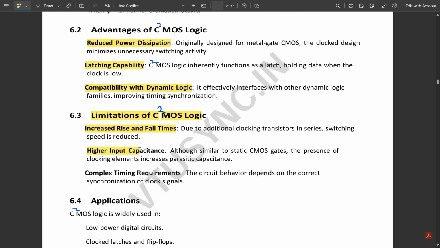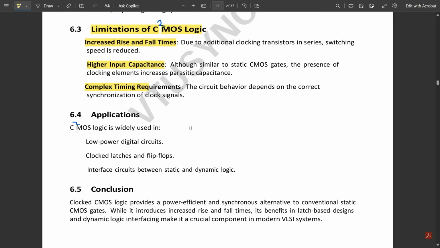Next, we have higher input capacitance. Although similar to static CMOS gates, the presence of clocking elements affects the parasitic capacitance. Next is complex timing requirements. The circuit behavior depends on the correct synchronization of the clock signals. So these are some of the advantages and limitations of C square MOS logic.